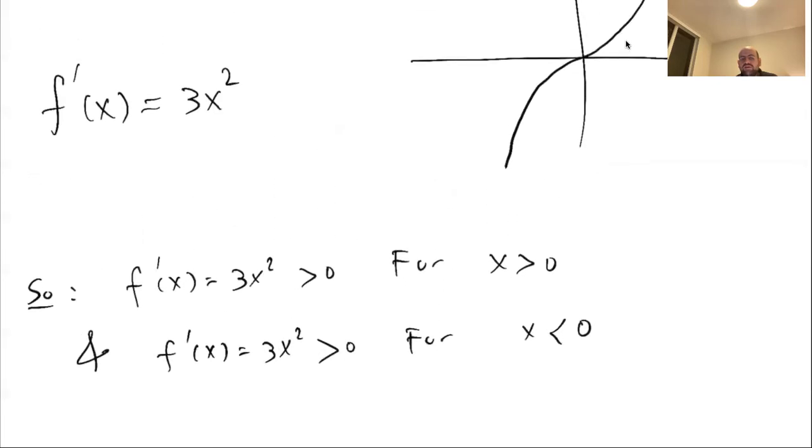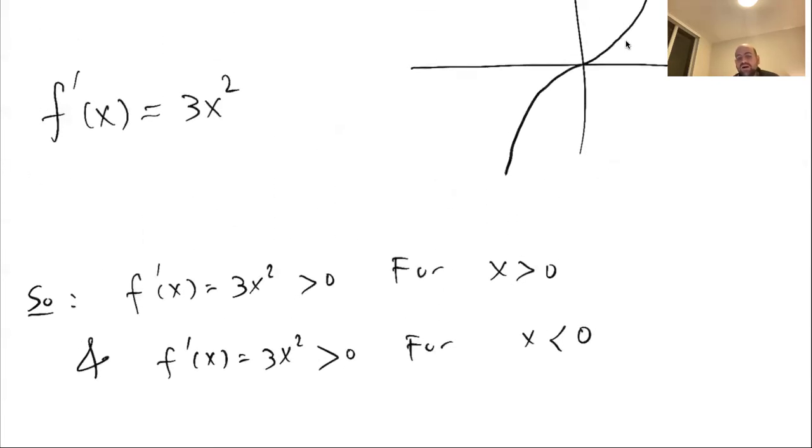F prime is always basically positive. The only exception is if x is 0, then x squared becomes 0. Other than that, x squared will always be positive. So for x bigger than 0, 3x squared is positive. For x less than 0, 3x squared is positive.